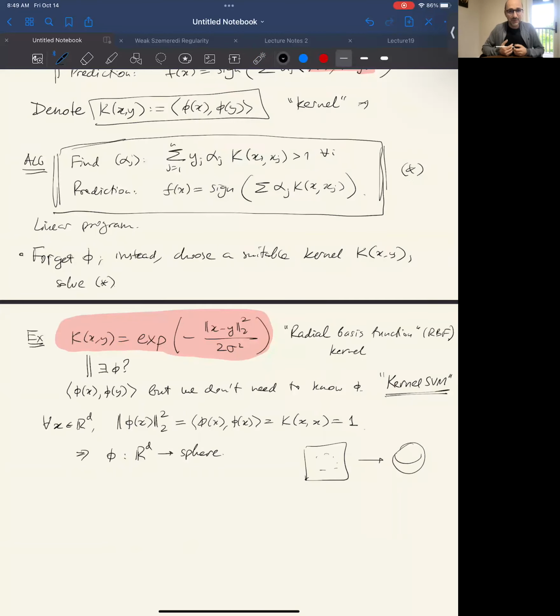This is what we did in the first place, in the first example, where we suggested to move the data onto the sphere to curve the data, introduce a curvature, and that will become linearly separable. But that was a custom-made solution. Now we have a general solution with just a general kernel. That's it.